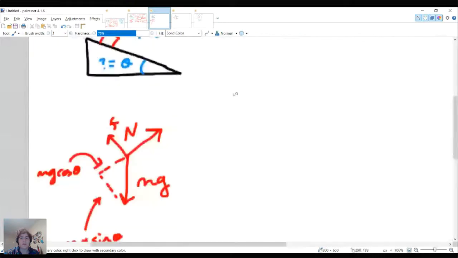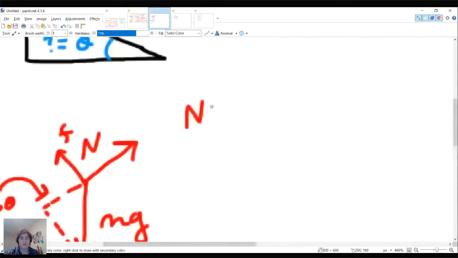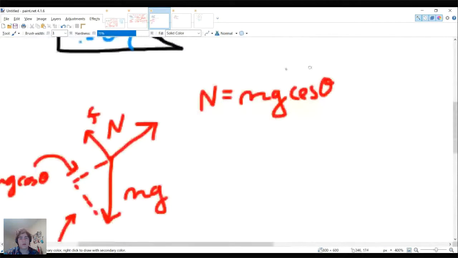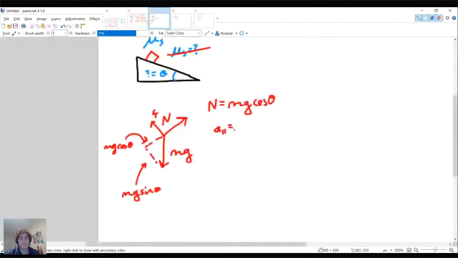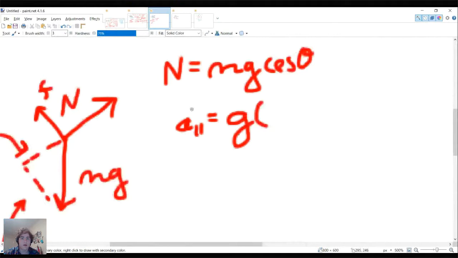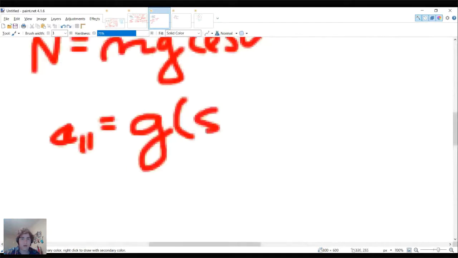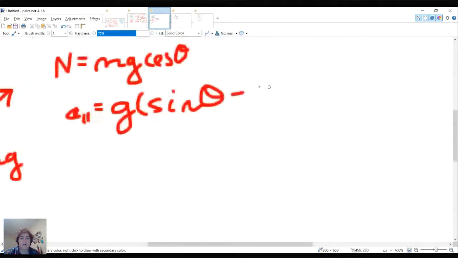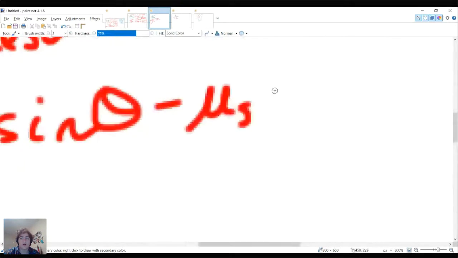So now, in the same case as before, the normal force is mg cosine theta. The acceleration down the incline is mg sine theta, or g sine theta, which should be in parentheses. It's the same acceleration term as last time, except this time it is with a static coefficient instead of a kinetic one.